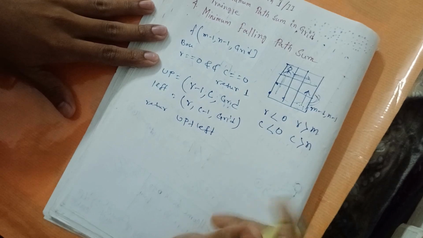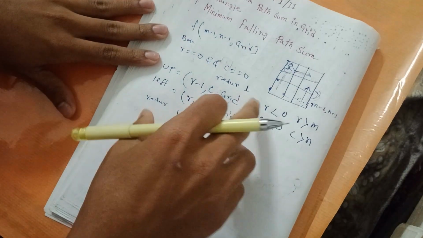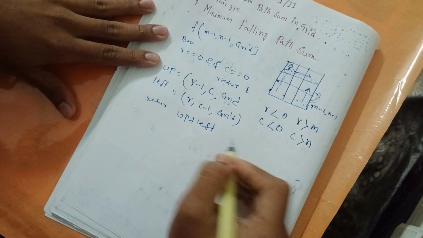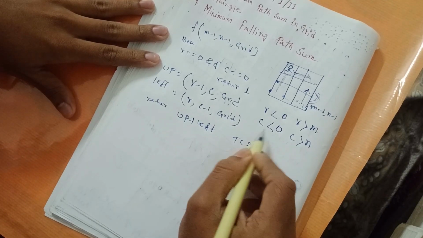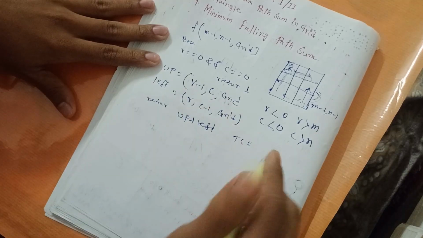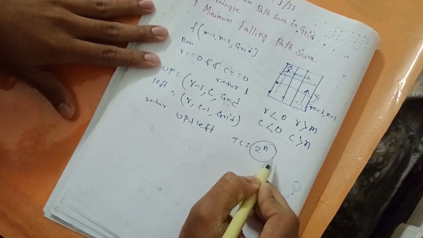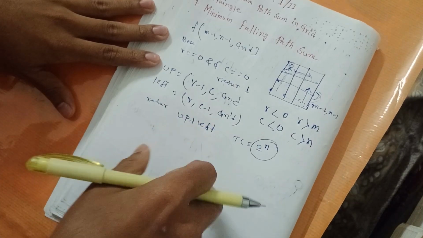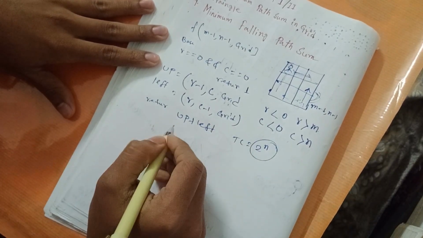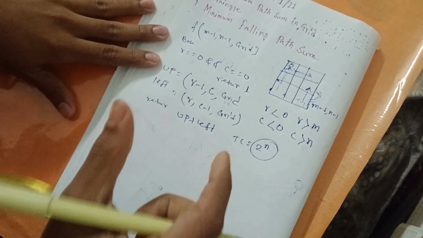Okay, so this is my recursion, and the recursion time complexity depends on how many choices I have: two choices in every step, so 2 to the power n. This is exponential, so we do not do it. So what do we do? We do memoization. By memoization, first of all we need a DP table.